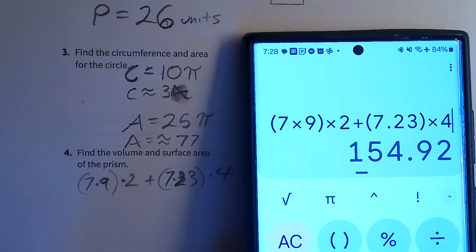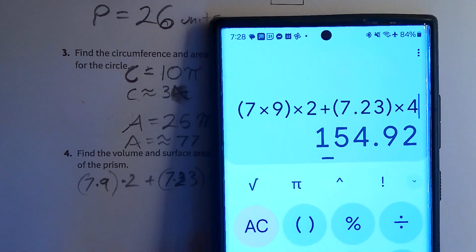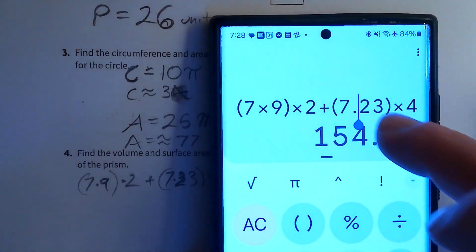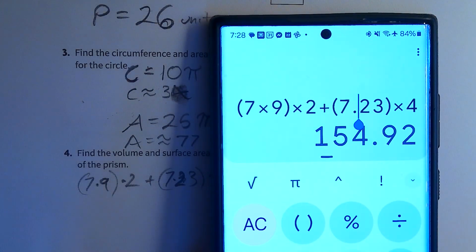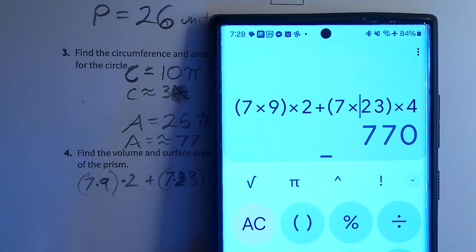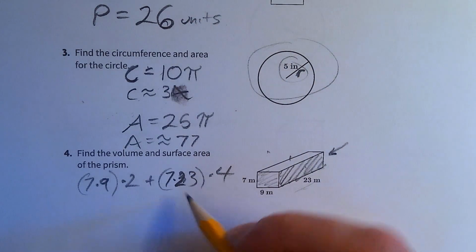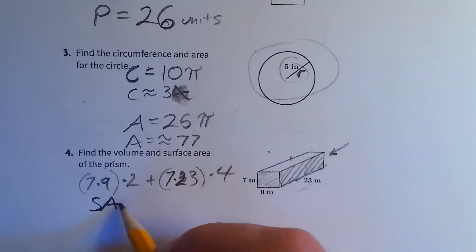Getting 154.92. What? There shouldn't be any decimals. Oh. 770. Surface area.